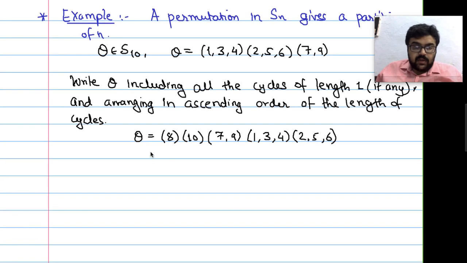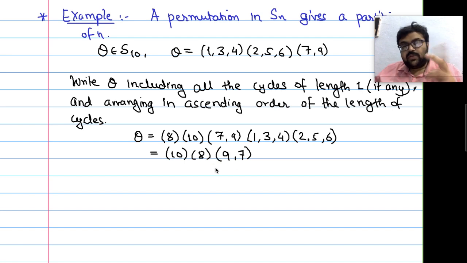Or we could have written (10) before, there is no problem. This one we could have written (9 7) also, that was fine. (7 9) and (9 7) are fine because for a transposition (i j) and (j i), it is the same. 7 goes to 9, 9 goes to 7, so it is one and the same thing. So that also we can change.